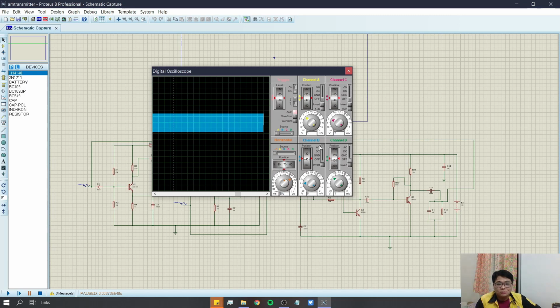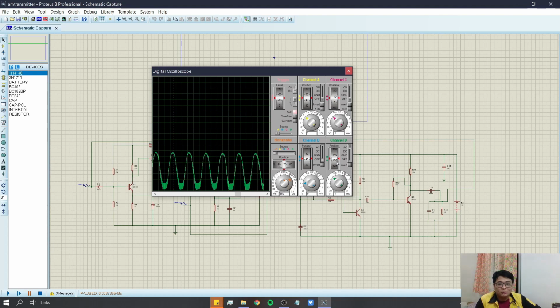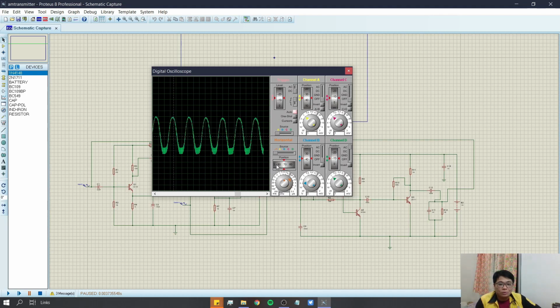The third input, channel C, is our AM signal, the modulated signal. Here, this is the AM signal, and the last input is the demodulated signal.